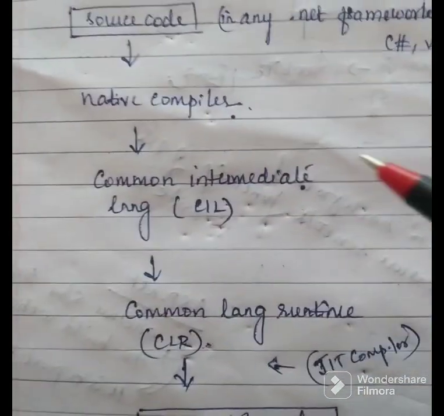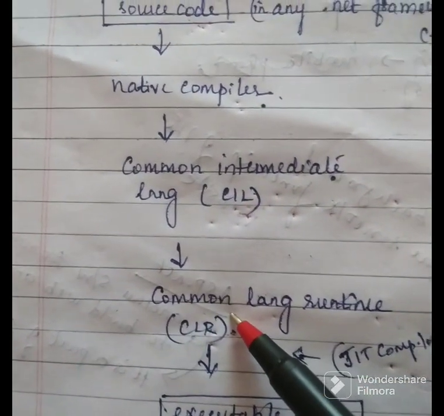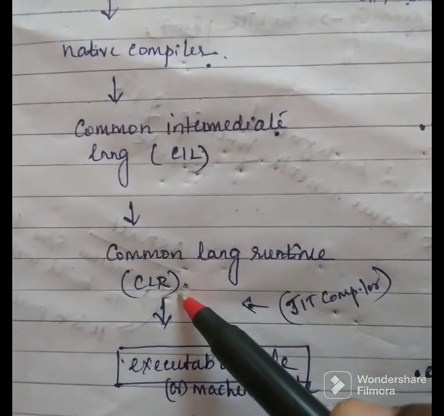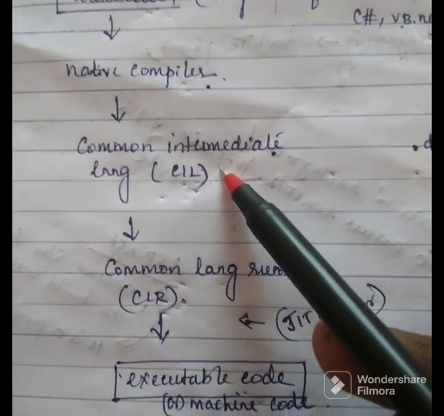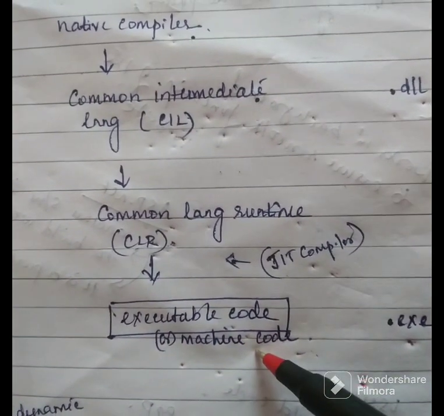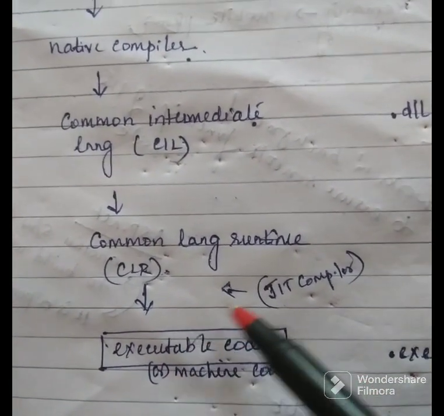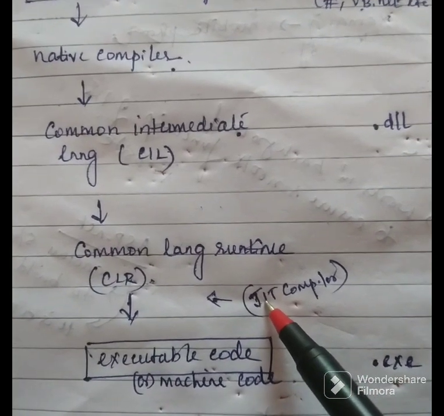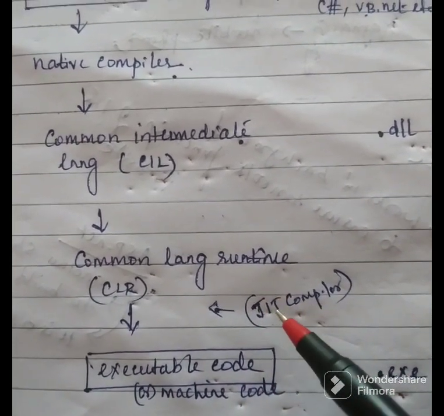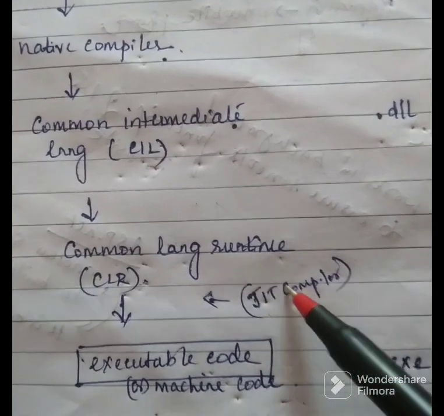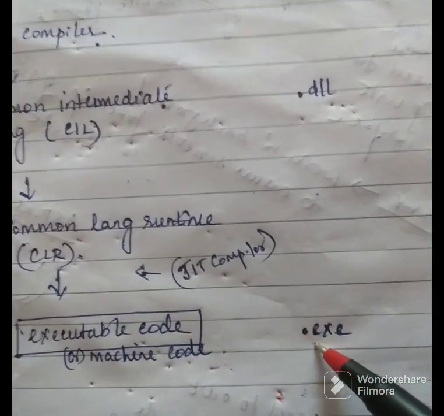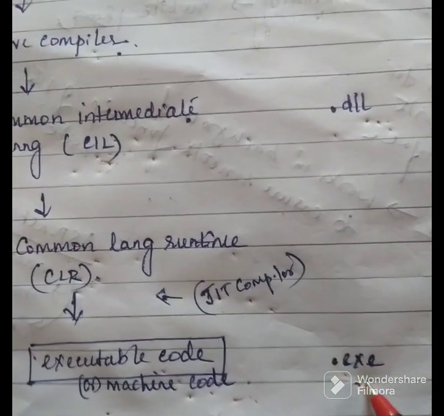After that, when the .NET application runs, the CLR converts this CIL into machine code using a local compiler, that is the JIT, just-in-time compiler. It's an intermediate code converter. After this, that particular source code will be in exe format.